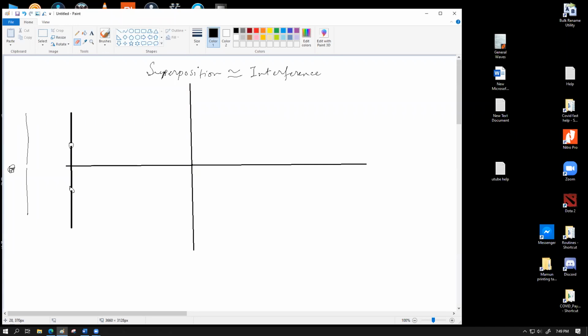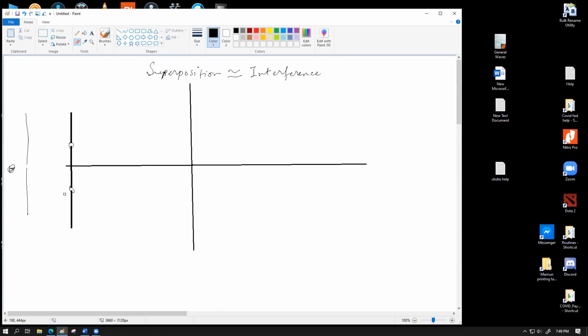Not an individual illuminator source. I mean, why am I emphasizing this? You might wonder why we don't just keep a light source over here and do this over here. Well, then the problem still remains: if we don't have this screen, these two individual holes are going to receive different phases of the light waves at different time instances.